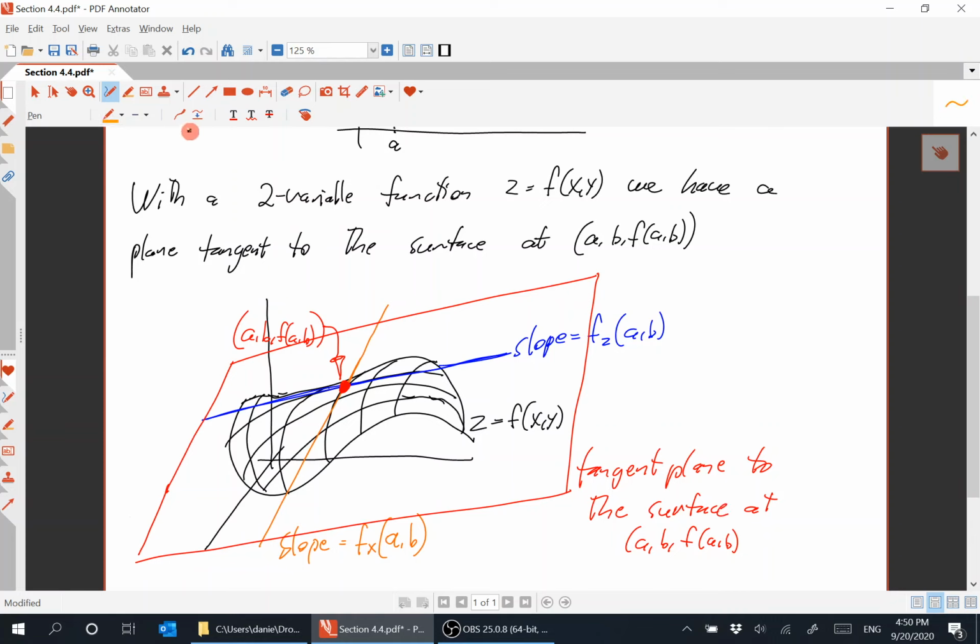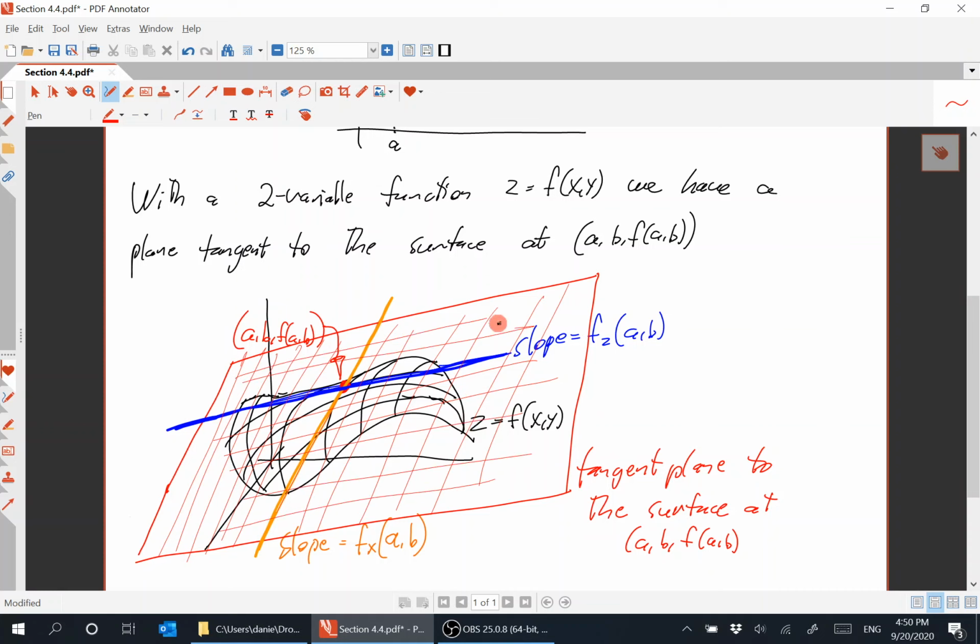So you can imagine we've got this line, and then we've got this line, and you can imagine that plane sort of as a continuum of lines parallel to the orange one and to the blue one.